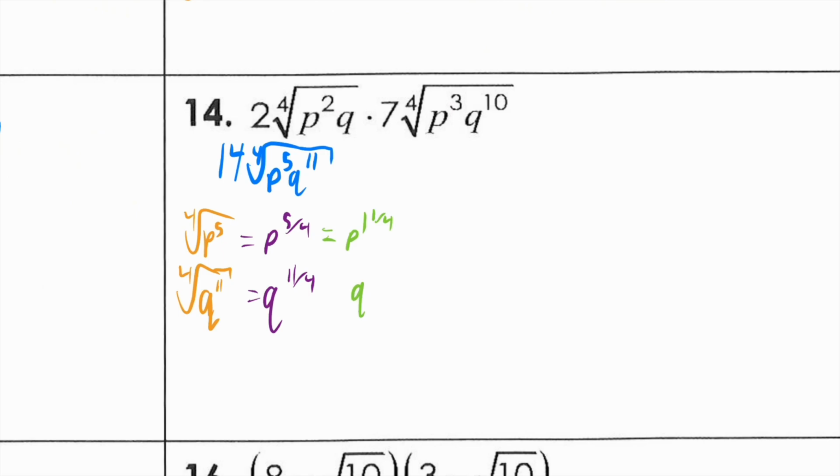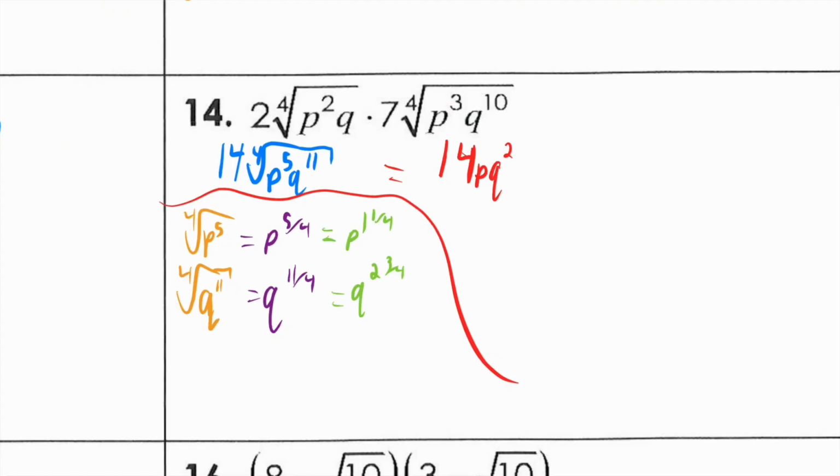And for q, that's 2 3/4. And so now putting that back into our final answer, that's 14 pq squared outside the radical times the 4th root of pq to the 3rd inside the radical.